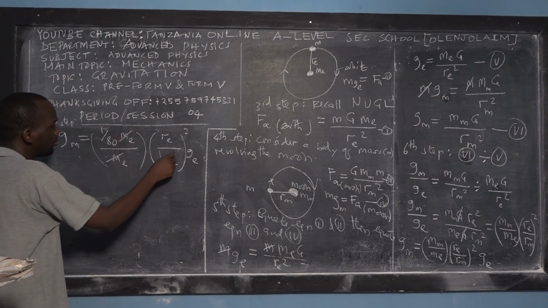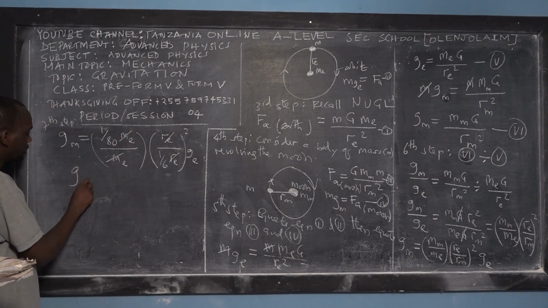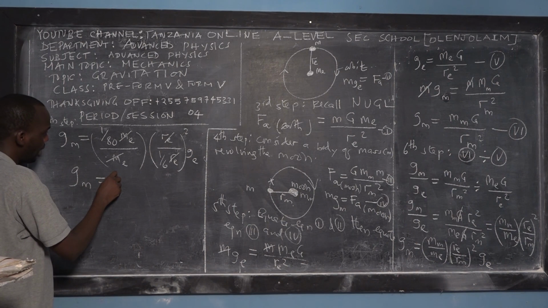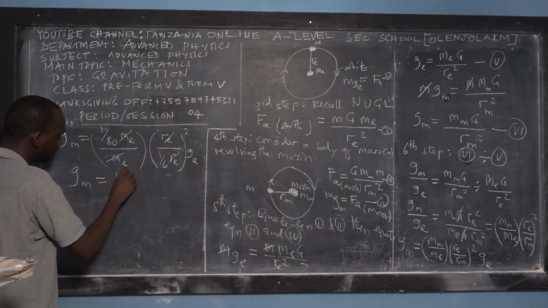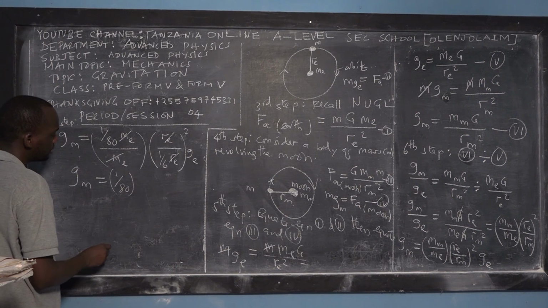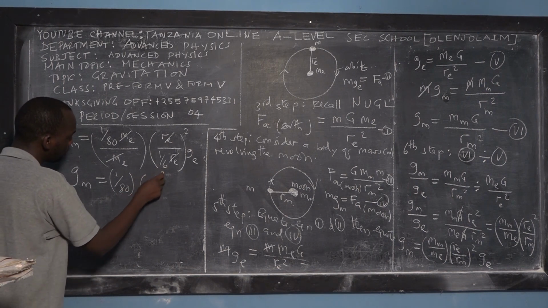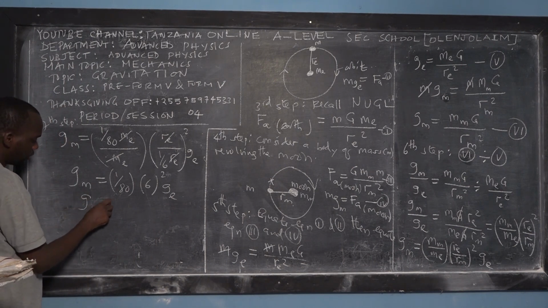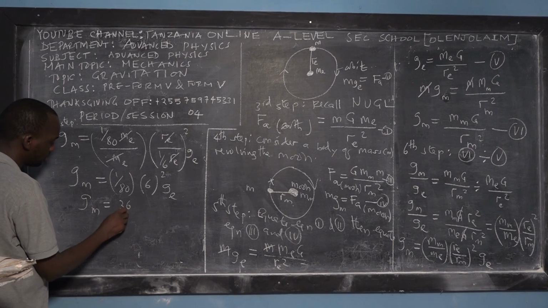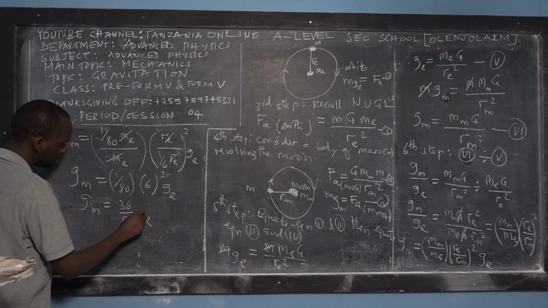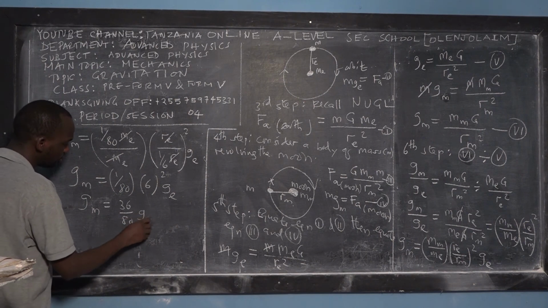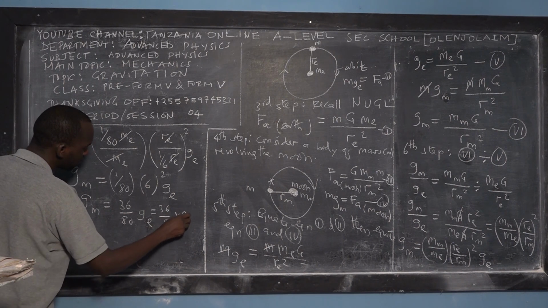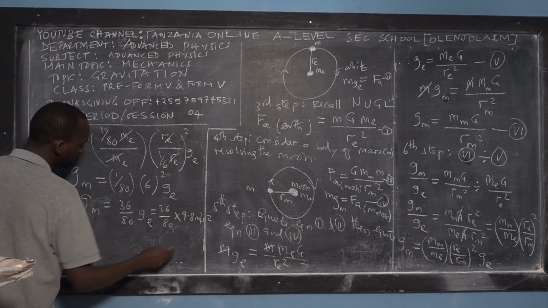So the mass of the moon cancels, the radius of the Earth cancels, and the acceleration of gravity on the moon surface will be 1/8 multiplied by 6 squared times g of the Earth. So the acceleration of gravity on the moon surface will be 6/8 of g on the Earth surface, which is 6/8 times 9.8 meters per second squared.